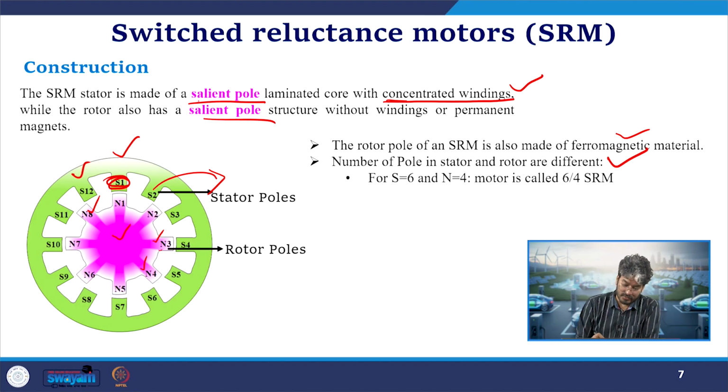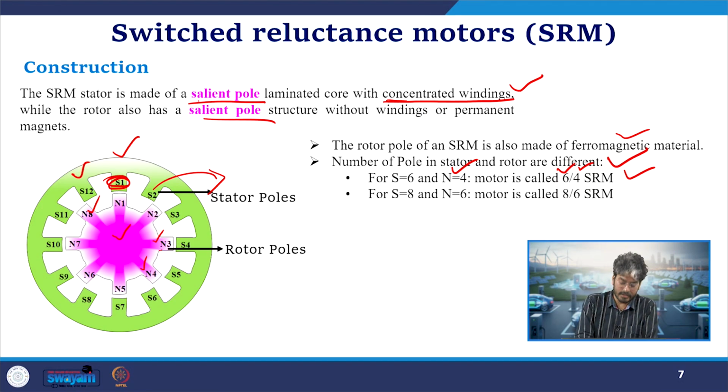Suppose we have 6 poles on the stator side of the circuit and 4 poles on the rotor side of the circuit, then we call this SRM a 6 by 4 SRM. So how are the SRMs named? They are named based on the number of poles present on the stator and rotor side of the circuit. When I say 6 by 4, one should understand that it will have 6 poles on the stator side of the circuit and 4 poles on the rotor side of the circuit.